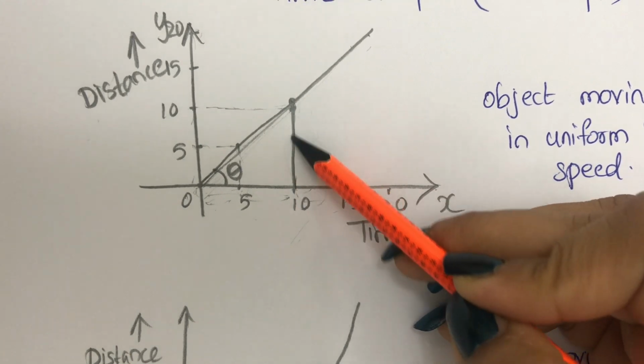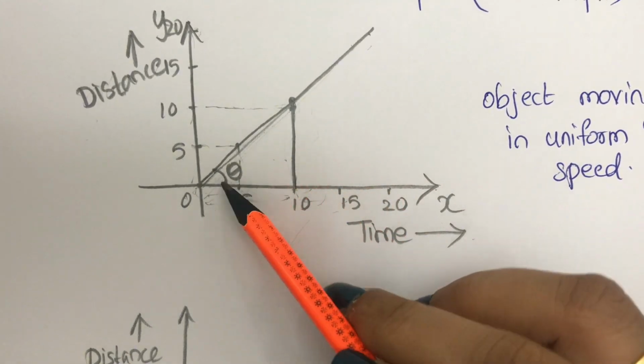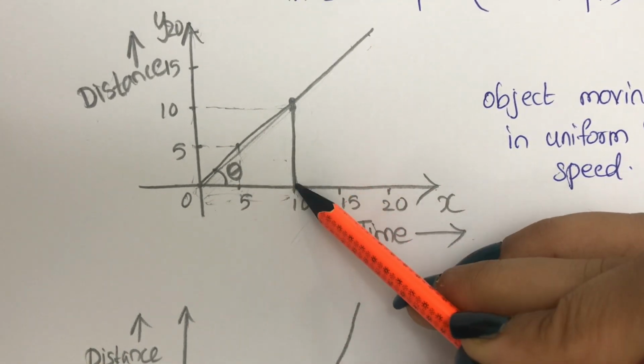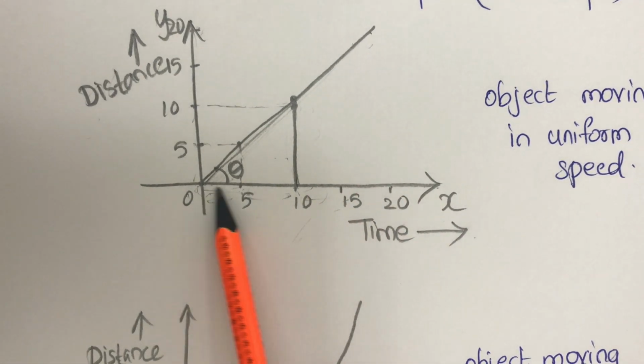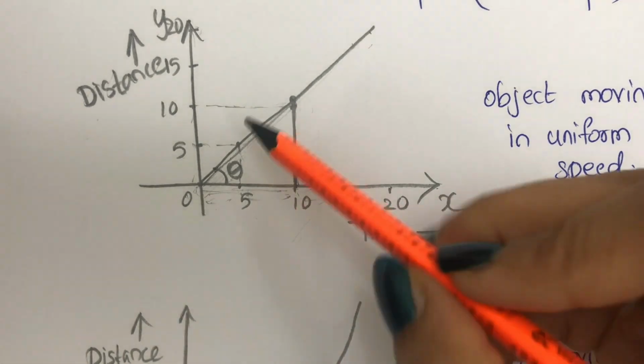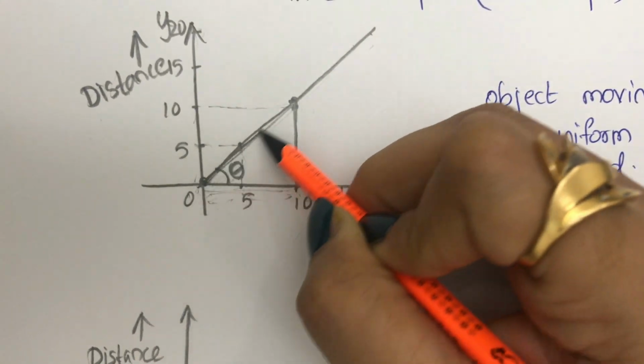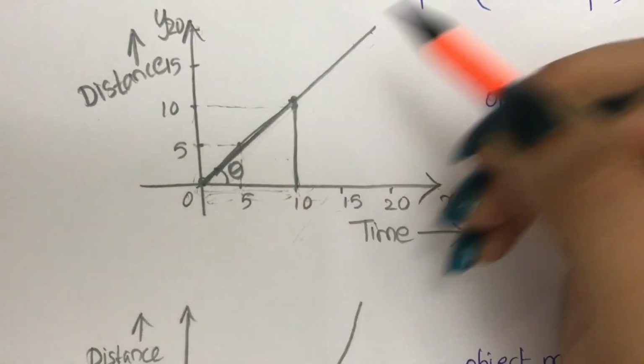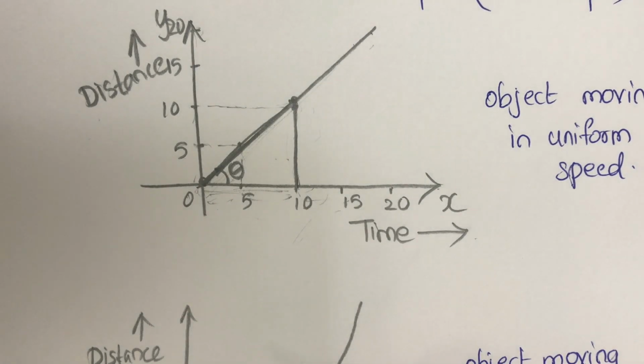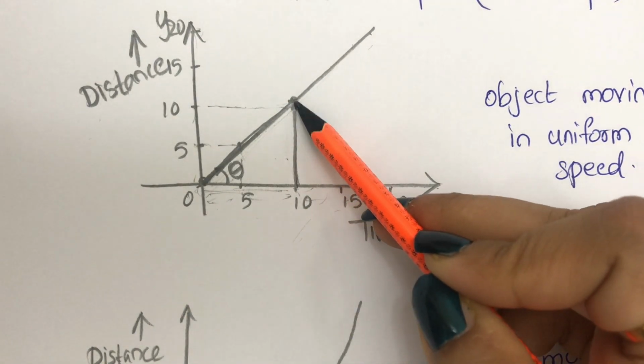Slope means the opposite side of this angle divided by the adjacent side. If my object has traveled this distance, what will be the slope?